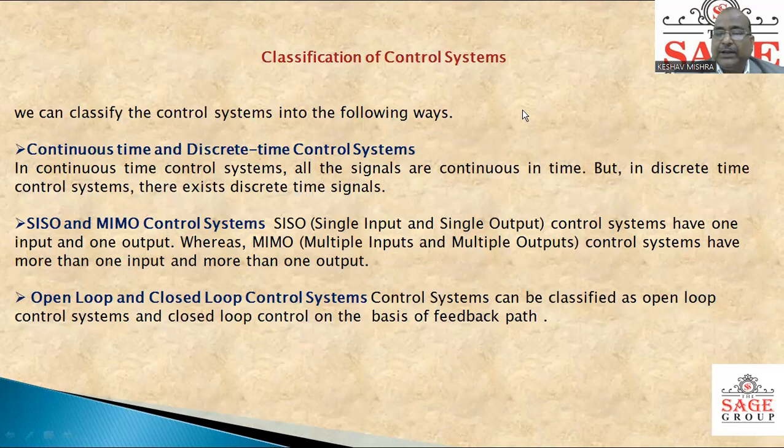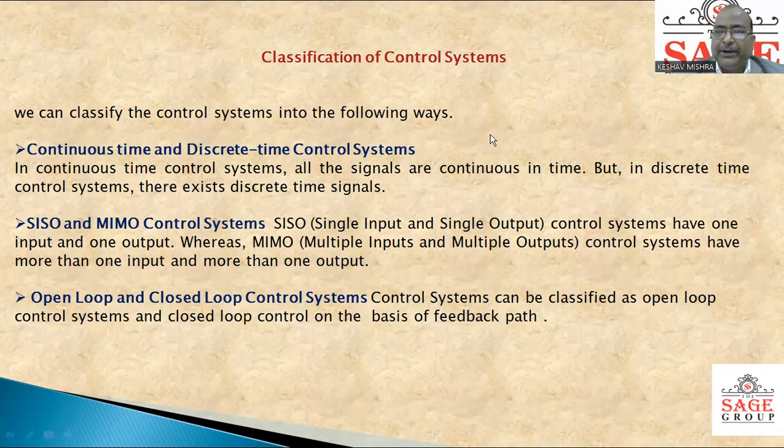So this is the classification of control system. We can classify the control system in 4 ways. One is continuous time and discrete time control systems. As the name implies, a continuous time control system will respond to continuous time signals.